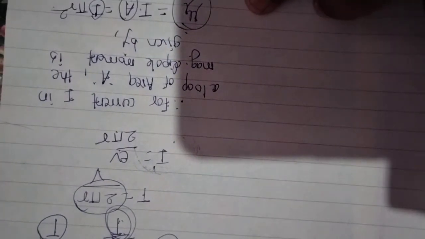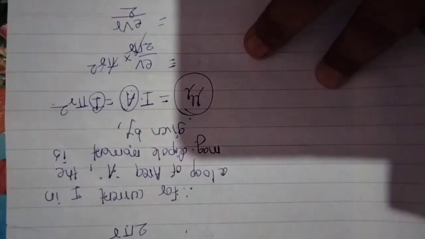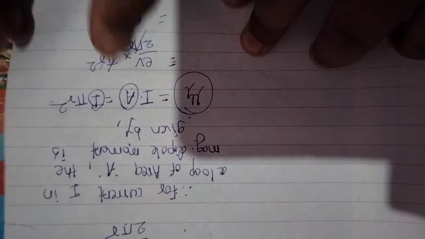What is I? It is ev upon 2 pi r. So the magnetic dipole moment is ev upon 2 pi r into pi r square. Pi gets cancelled, r gets cancelled. So this is evr divided by 2.